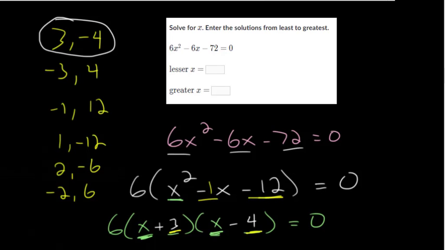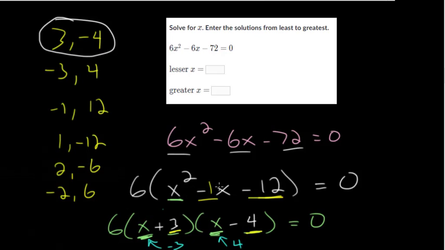And now we can use the zero product property. Since we know if we plug in negative 3 there, and if we plug in 4 there, then each of these sets of parentheses would simplify to 0. So we would do it one at a time. You only want to substitute one x value at a time. If you put in negative 3 here, this would be 0. And then you'd have minus 3 minus 4, which is negative 7.